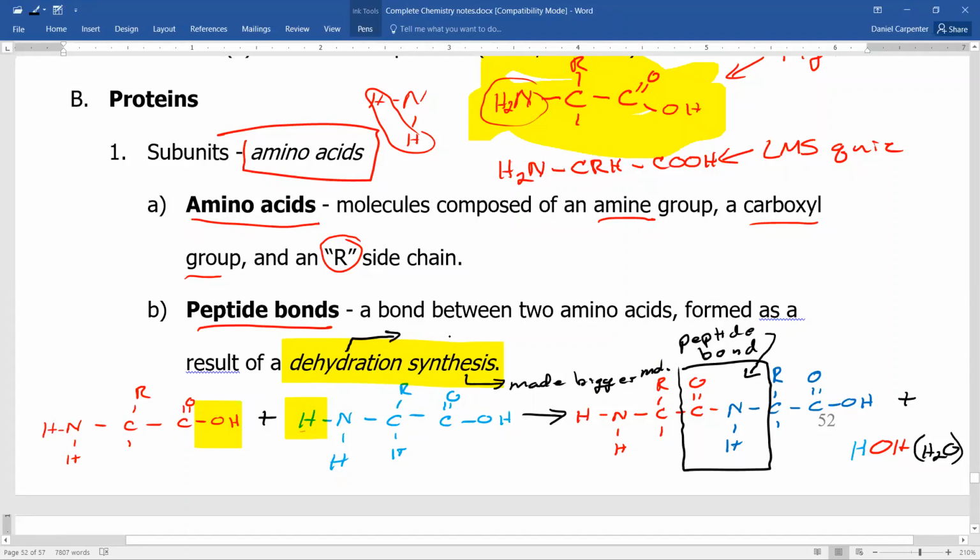Dehydration means dried out to you, but it wasn't wet and then dry. It wasn't wet on the left side of the arrow and dry on the right side of the arrow. If anything, it's wet, sorry, on the right side of the arrow. So dehydration means it gives off water as a product.